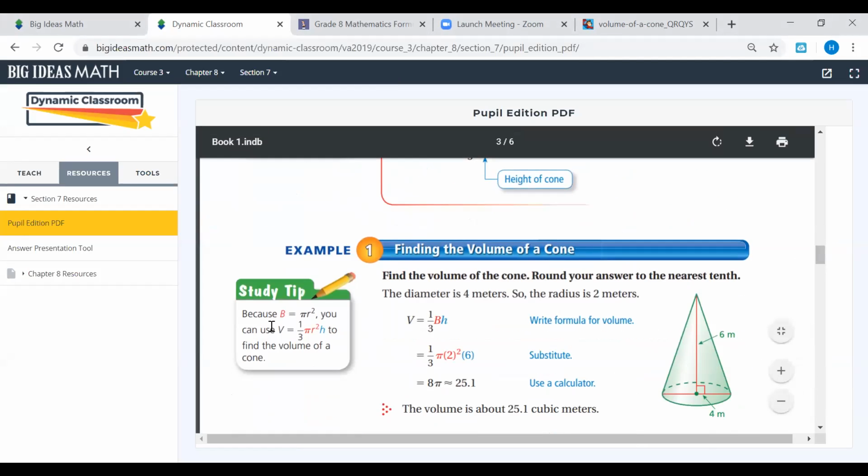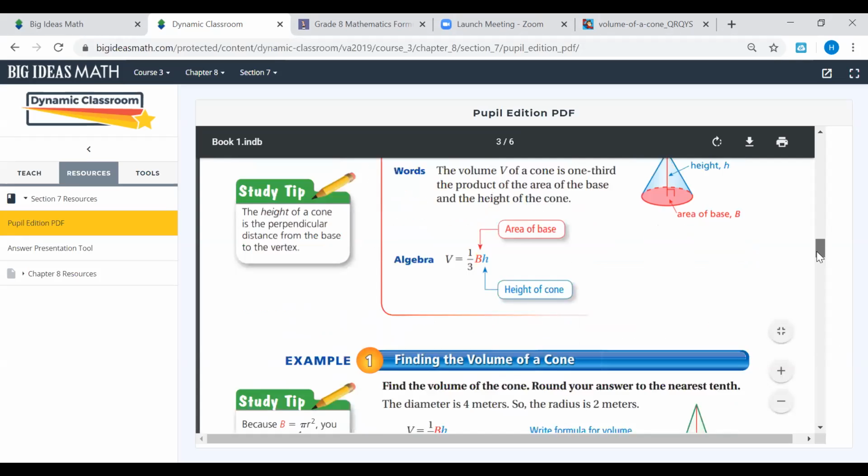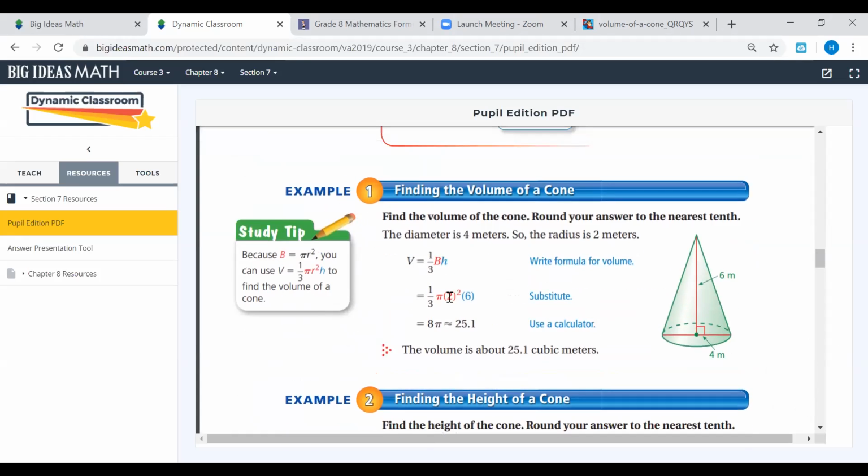The other study tip is to know that because B is pi r squared, you can use V equals 1/3 pi r squared h to find the volume of a cone. You can use either formula, but know that the B here stands for pi r squared.